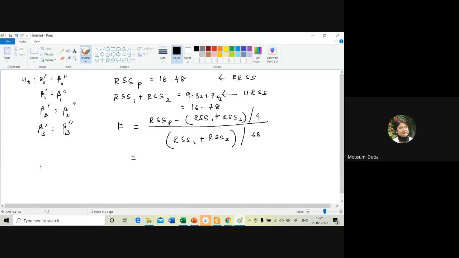And this should be compared with the tabular value. Ma'am, F equals 1.722. 1.7.